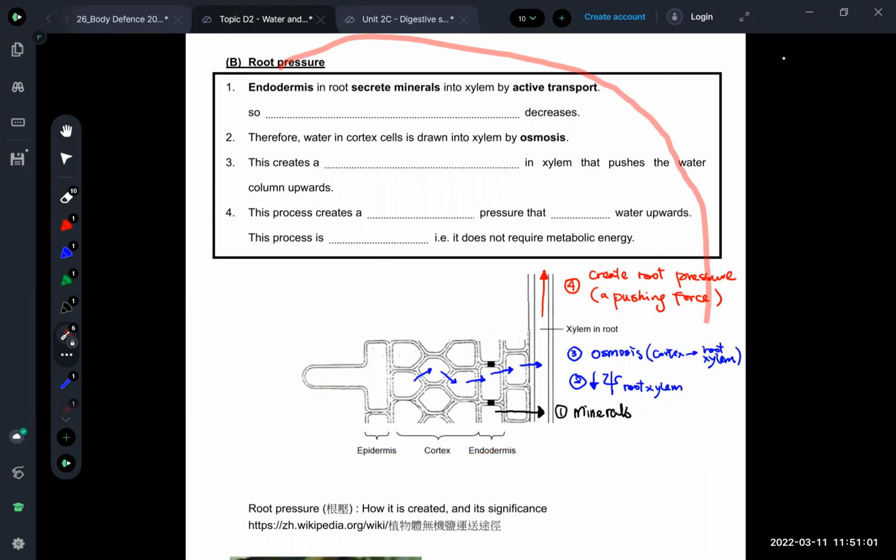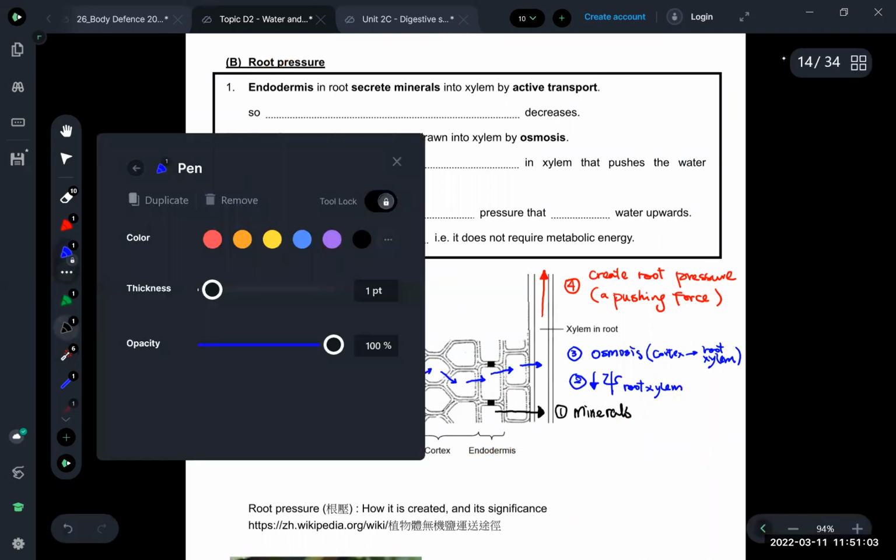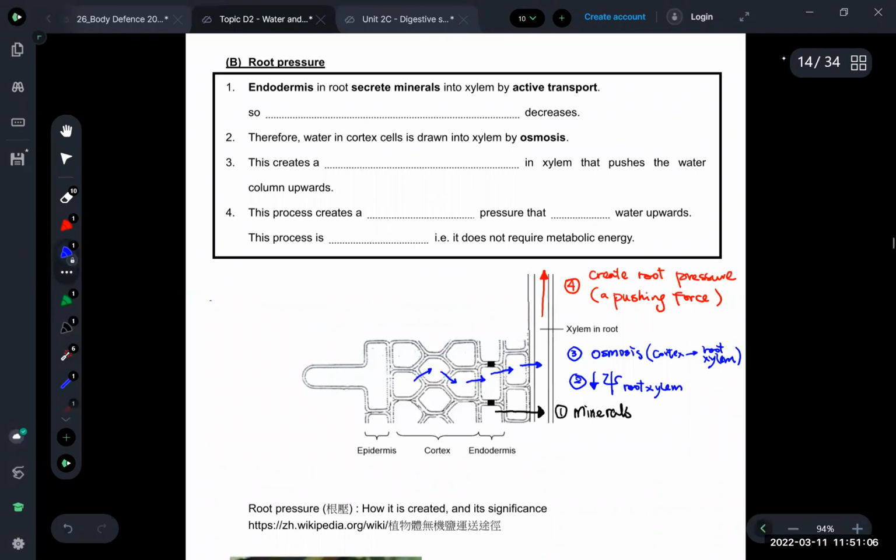Now, if you remember, we played something like this. Don't draw it in the notes, just take a look. You remember that we put a dialysis tubing here. There is water here, and there is sucrose solution here.